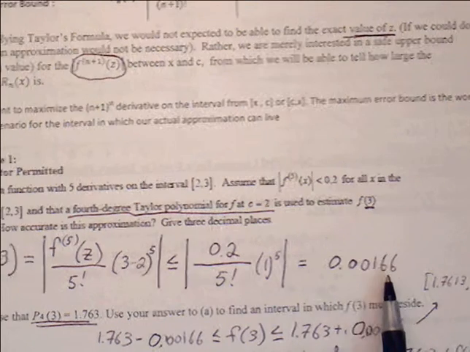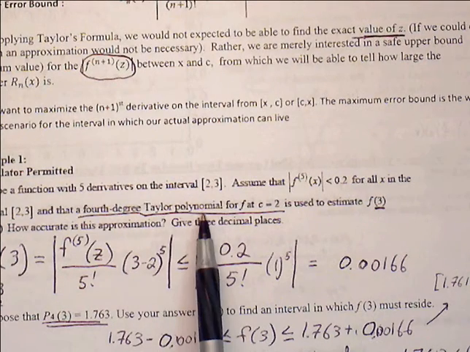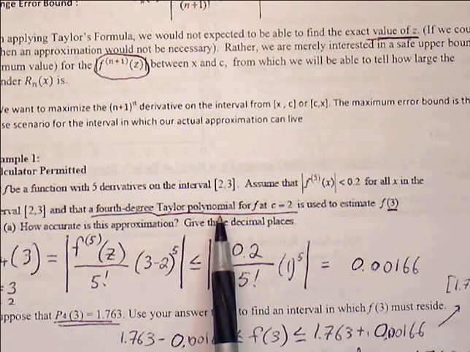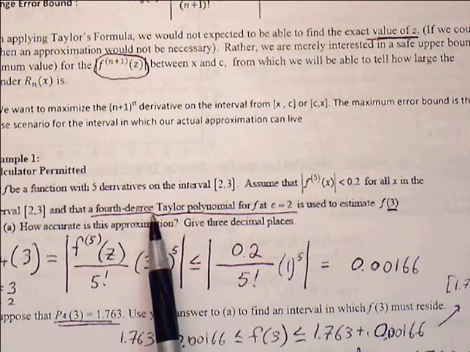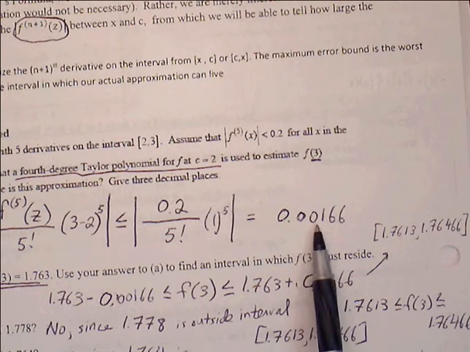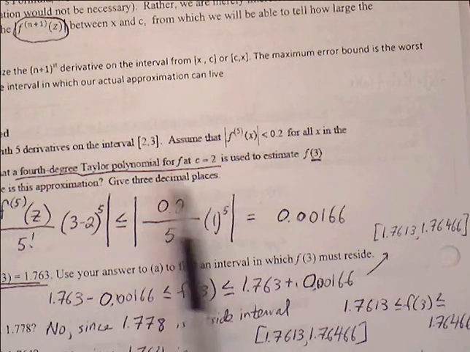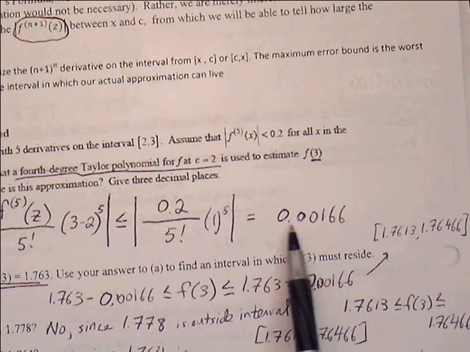So what this is saying is that this fourth degree Taylor polynomial is not going to be exact, it's only going to be an approximation of the actual function. However, it is at worst only off by 0.00166. So even though this is only a fourth degree Taylor polynomial, we already see that it is pretty accurate.